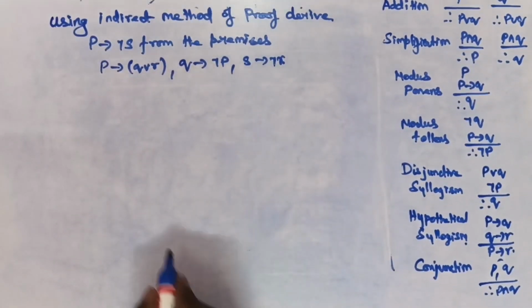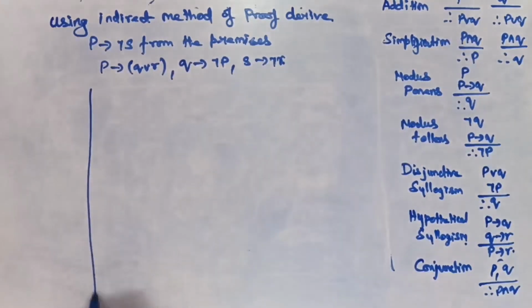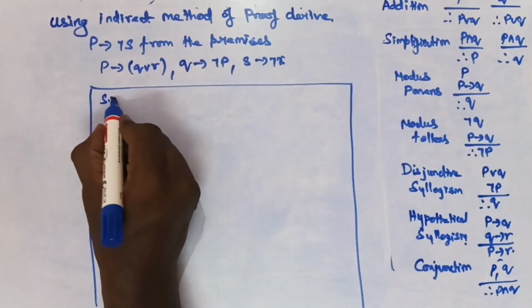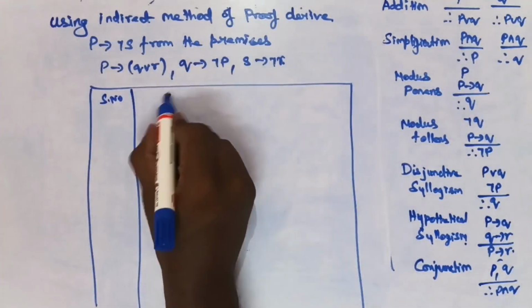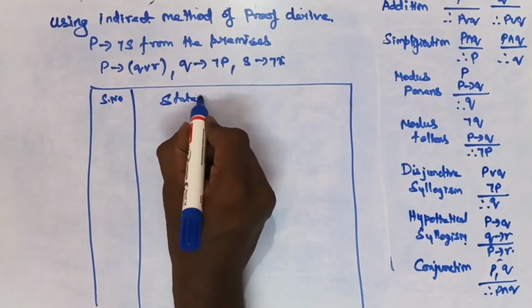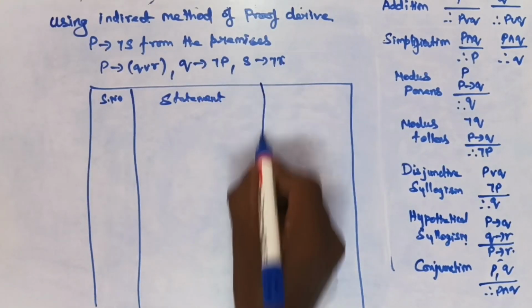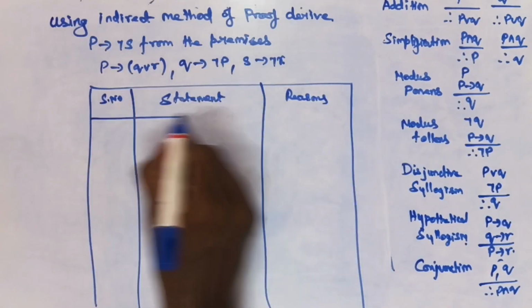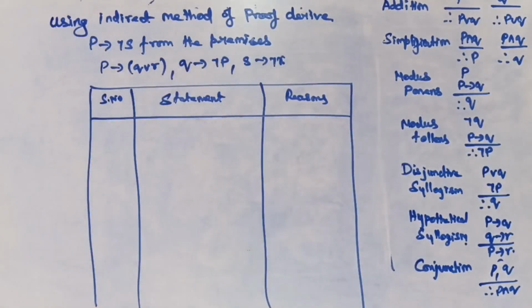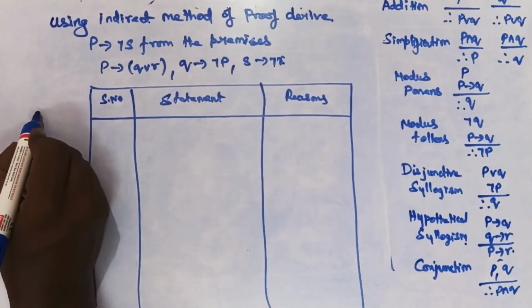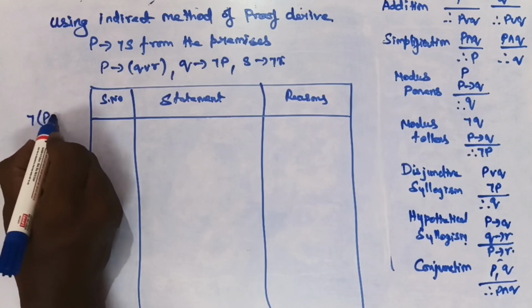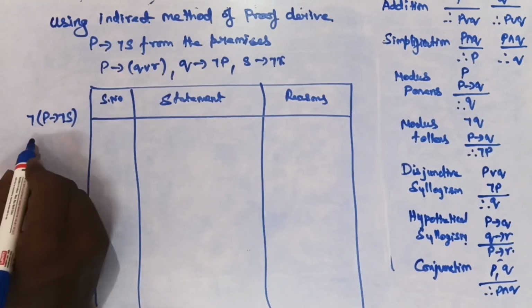So what you have to do in logic: serial number, statement, reasons. So introduce all the premises. Before that, what we have to do? Indirect method: we have to take the contrary of P condition not S. So what is the contrary?